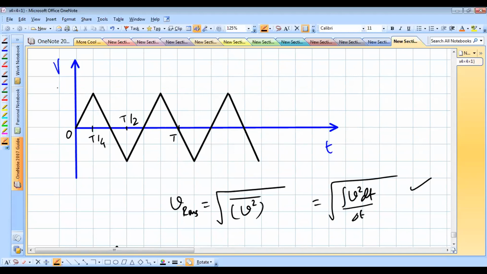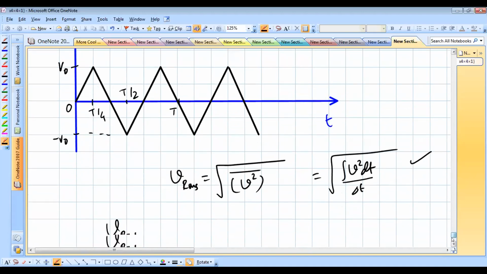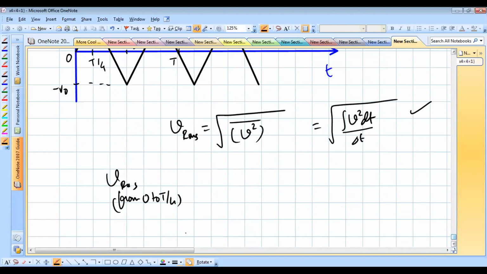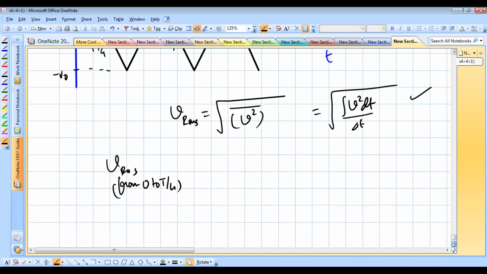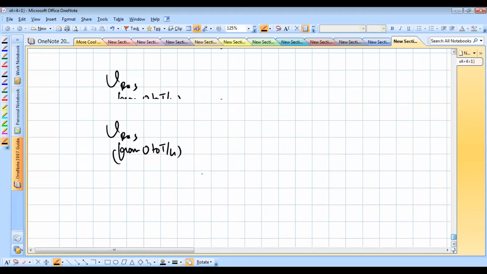And this value of voltage is V0, the peak value. So what you first do is find V as a function of time from 0 to T by 4.